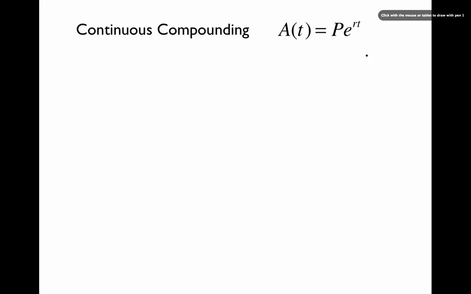To get the true percent increase per year, we think about combining that APR with continuous compounding. That results in a slightly larger value, or it could be a lot larger, depending on the r, of the true percent, and we call that the APY. So again, r is the APR. It is not the true percent increase per time period. And t, of course, is time in years.